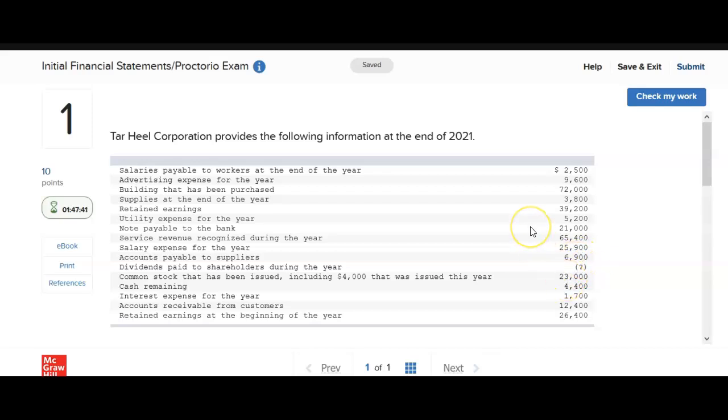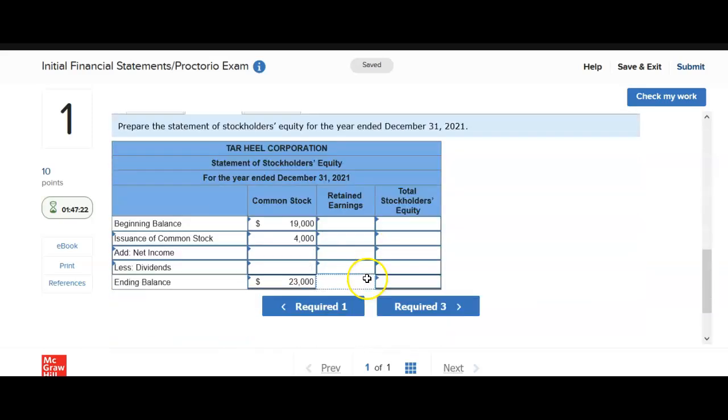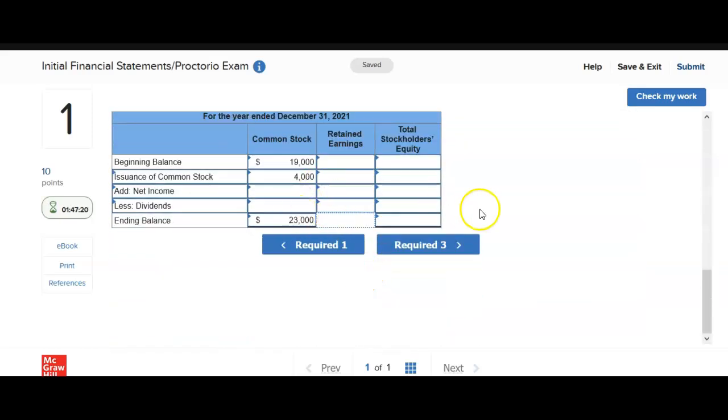So just the way this is set up, it's telling you at the end of 2021, the common stock balance was $23,000. But they also told us that during the year, they issued another $4,000. That means the beginning of the year balance in common stock must have been $19,000. So there you go.